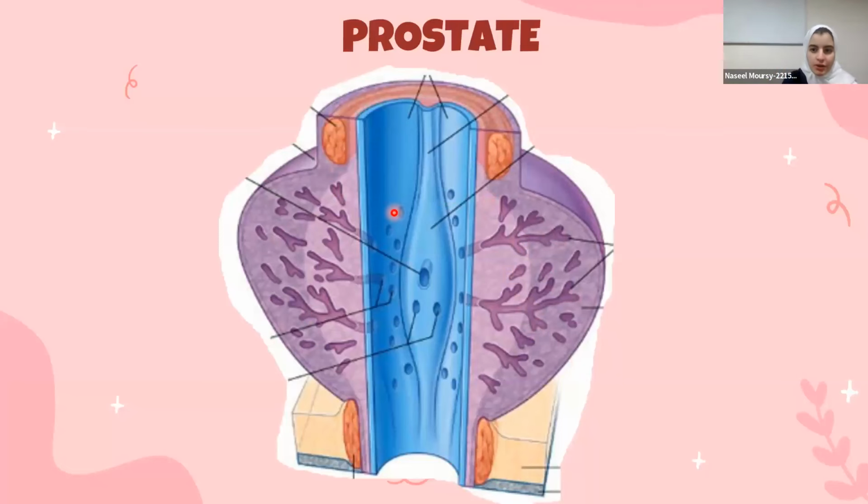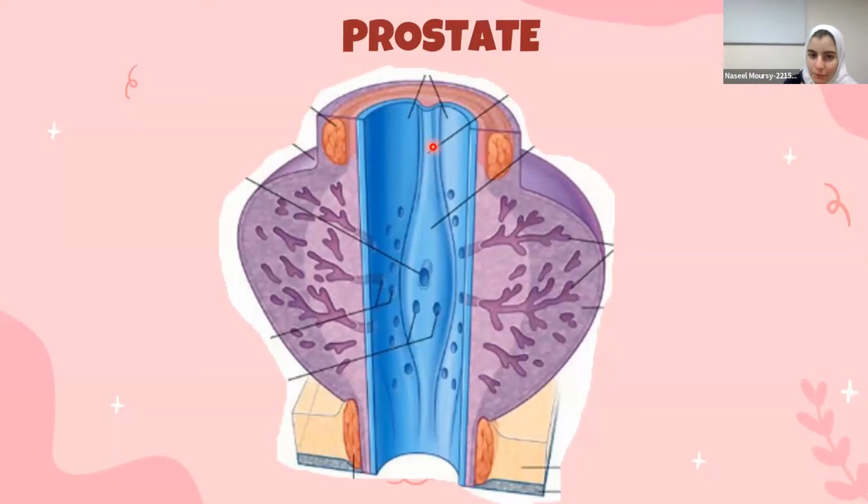Now we'll go inside. So this part, this kind of elevation, what is this? Utricle. Are you sure this is the utricle? Urethral crest. Good. We'll come to the utricle later.